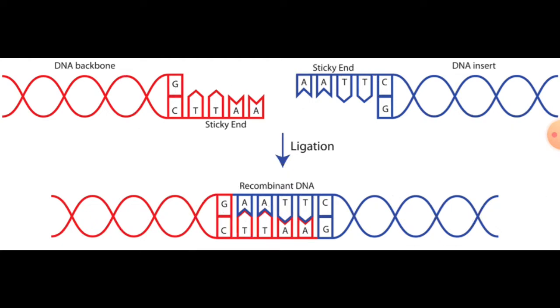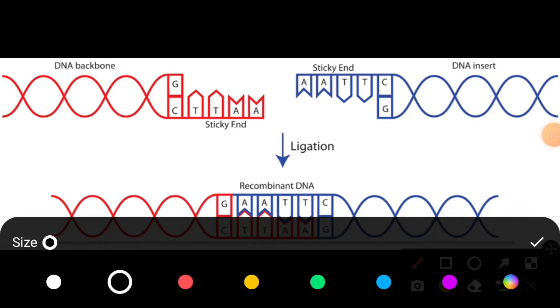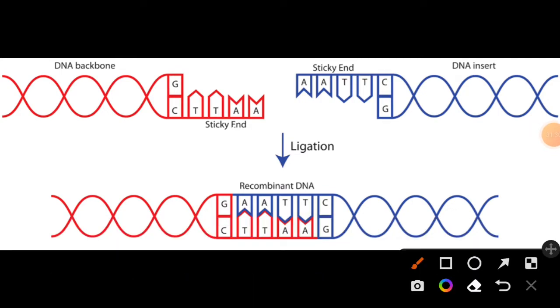Remember, there will obviously be an exposed 5' phosphate group and a 3' OH group. Suppose we consider this part as the 5' end and this part as the 3' end. That means there will be an exposed 3' OH group, and similarly here there will be an exposed 5' phosphate group.